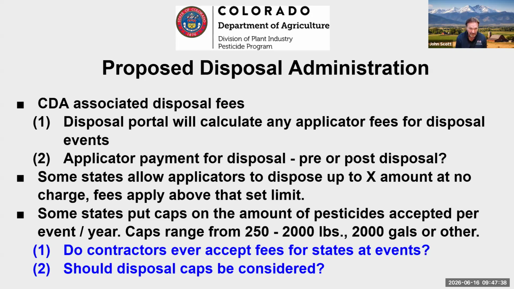I know years ago, in the aspect of small quantities of fumigants, aluminum phosphide, it was, you could carry a case, and then it went to, you could only have one container, and then it went back to 10 containers, and over the years, it's gone back and forth. But thinking of those types of products, we can educate them to make sure that as they're bringing product to an event, are there any aspects that we need to communicate as far as transporting product to an event and volume?